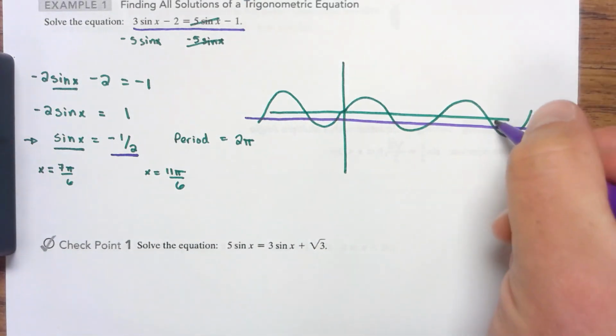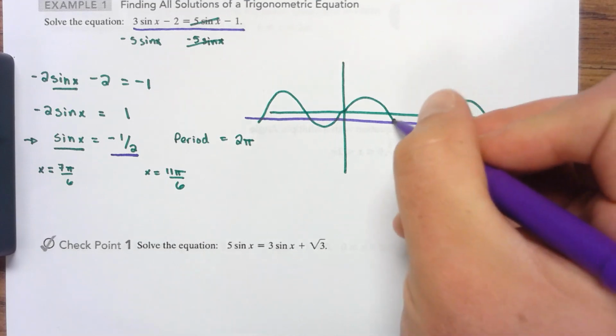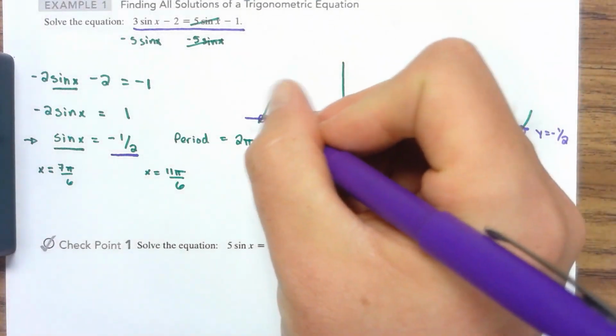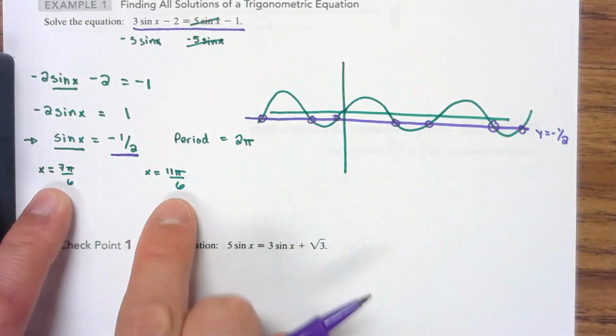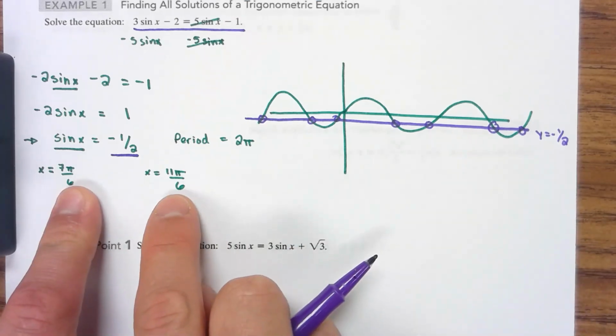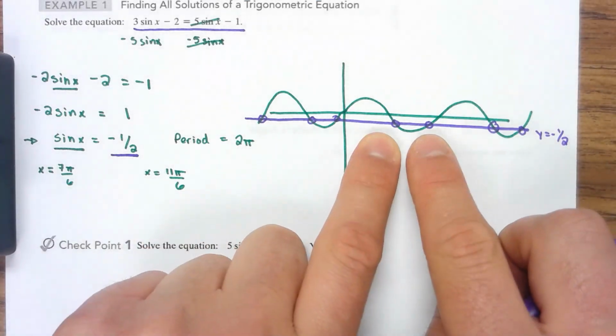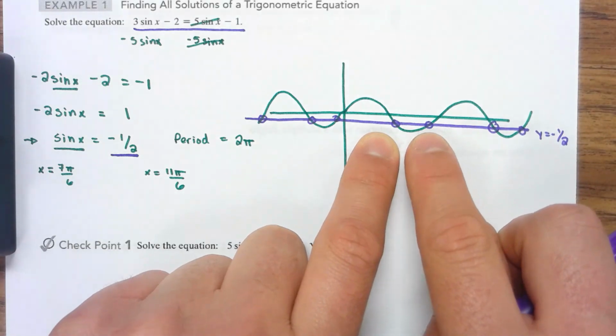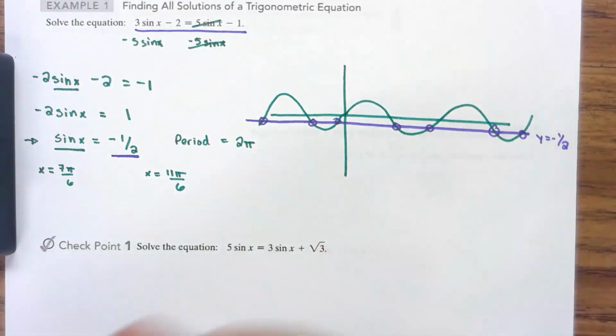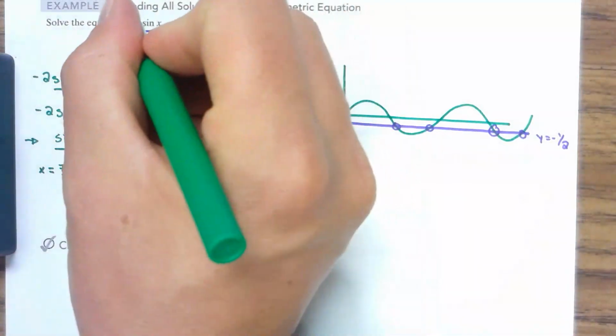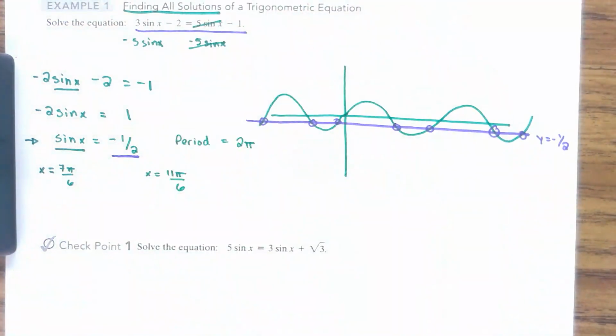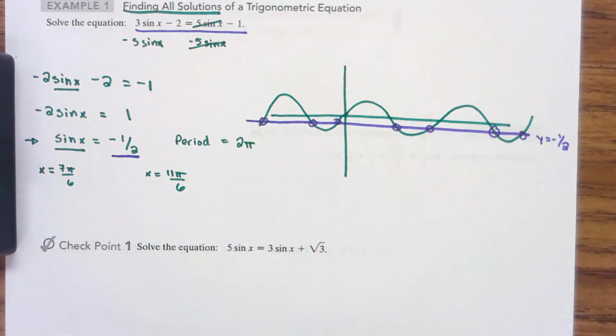And we can see that it intersects in multiple places. So there's not just these 2 answers. These 2 values, 7 pi over 6 and 11 pi over 6, are essentially these values here. But then once we travel the full period, we're going to get more answers. And so remember that when we're describing all the solutions, we have to add on the period and any additional cycles through that period as well.